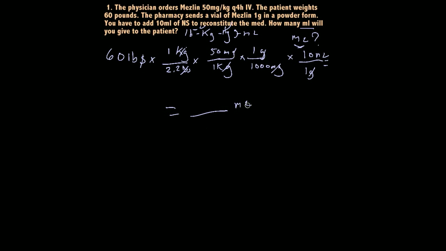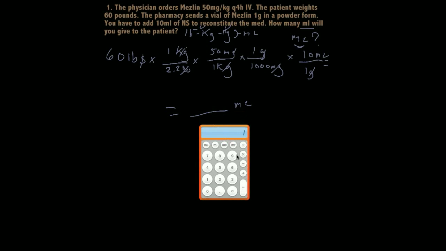So let's plug it into our calculator and see what we come up with. 60 times 1 divided by 2.2 times 50 divided by 1,000 equals 1.36.